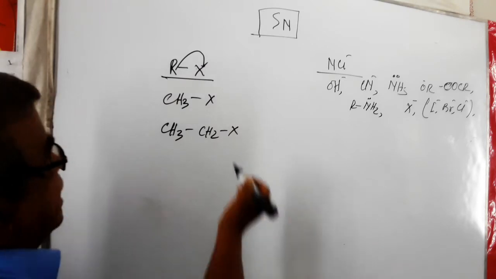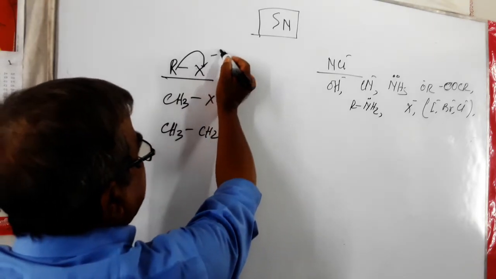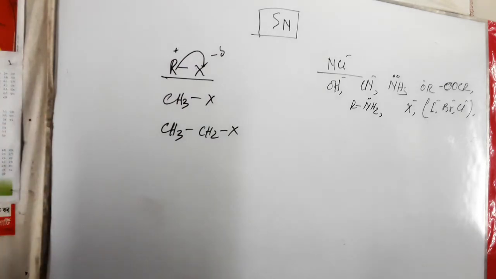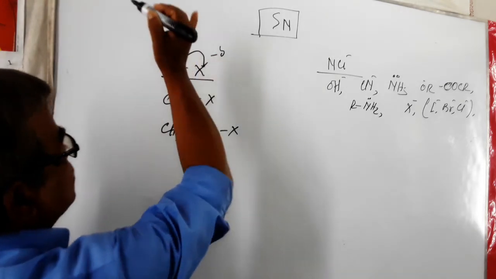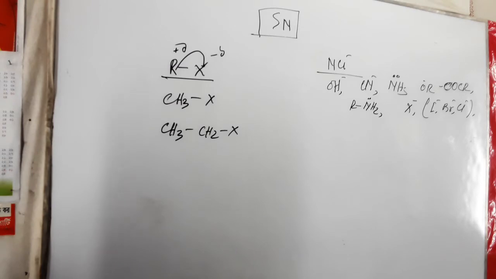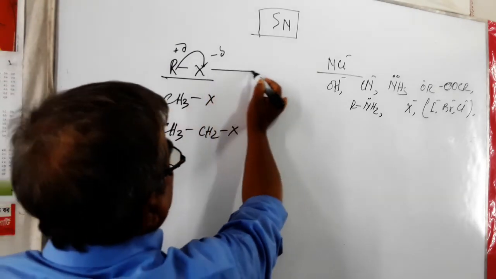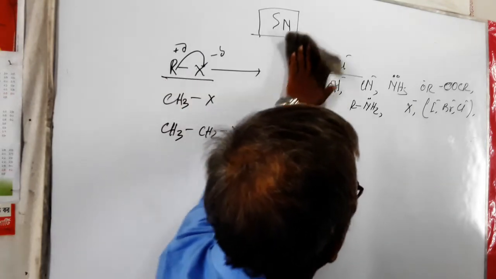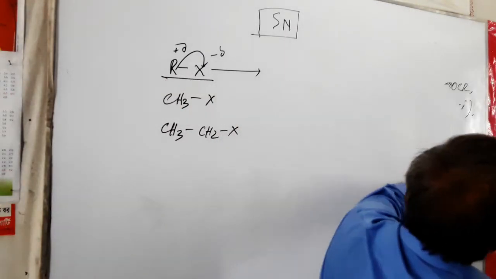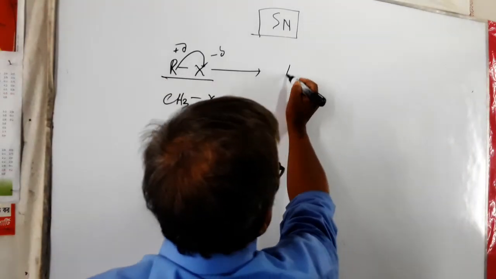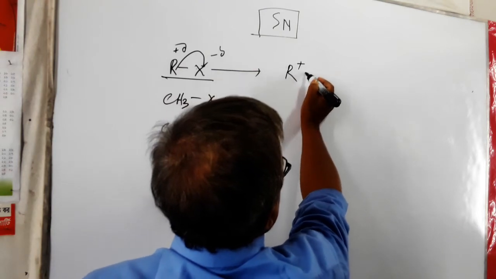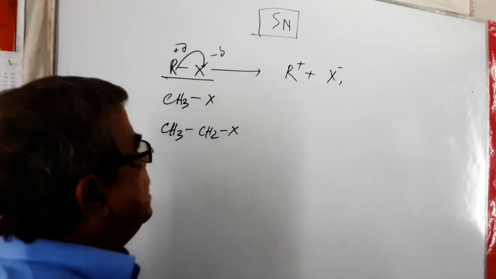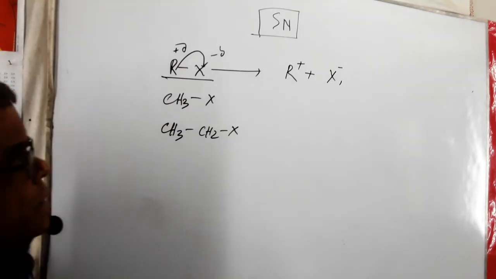So halogen will be partially negative and the carbon-containing part will be partially positive, that is a carbocation. At first this alkyl halide is converted into carbocation, and halogen is released as halide.